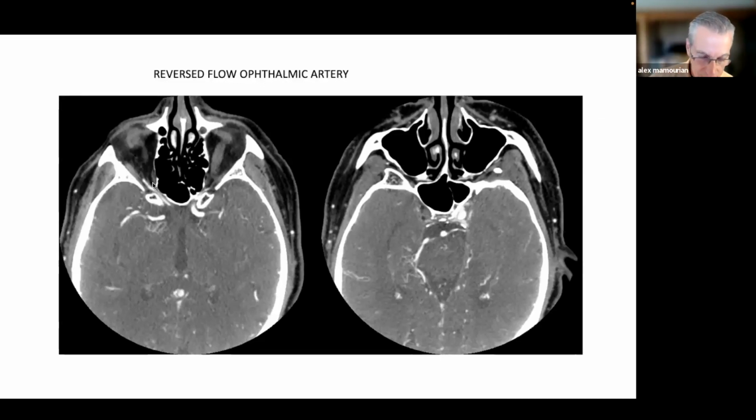Here's a patient with a large ophthalmic artery on the right side, and you can see this is the normal cavernous carotid here. There's no enhancement in the cavernous carotid on this side. So in this patient, and we can't determine that from CTA, but we presume this patient has retrograde flow from the ophthalmic artery coming back to the distal carotid here at about the dural ring.